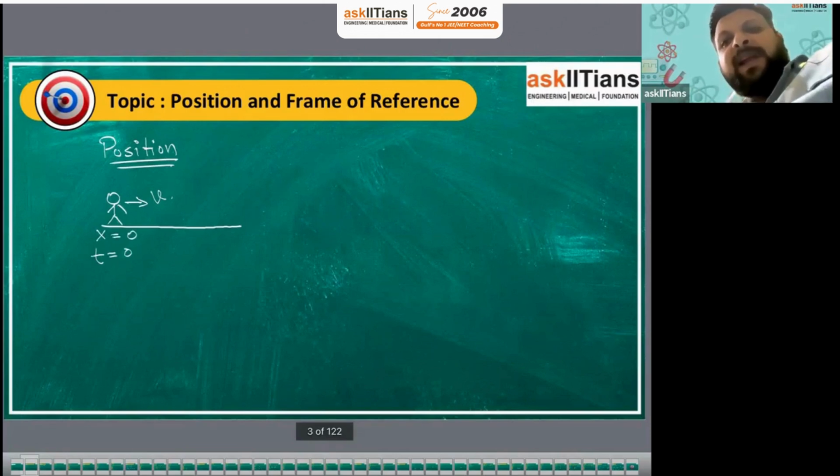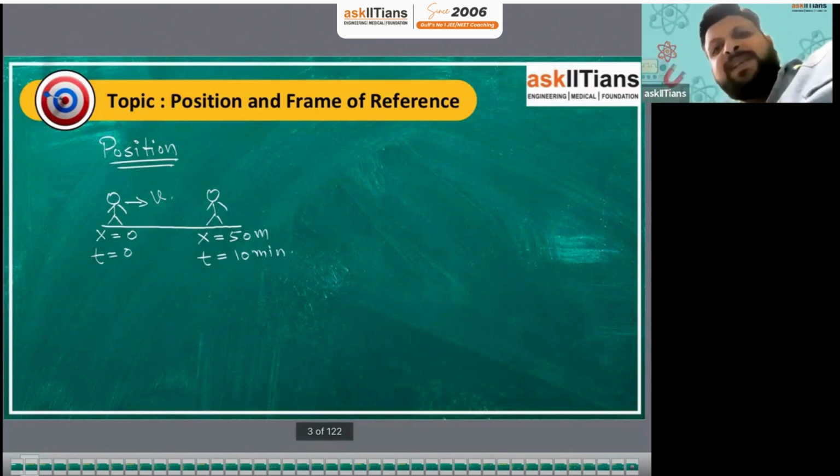After certain time t, its position changes. Now its position is x equal to 50 meter after time 10 minutes. So we can say that the position of this person is changing with respect to time, right?